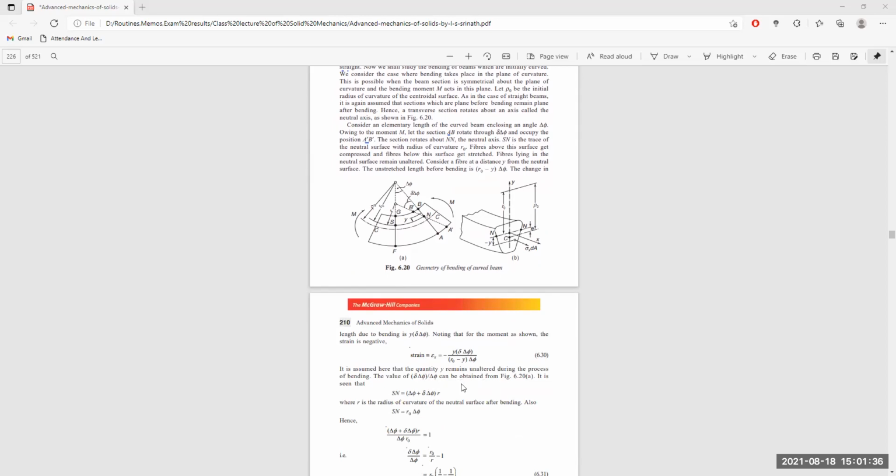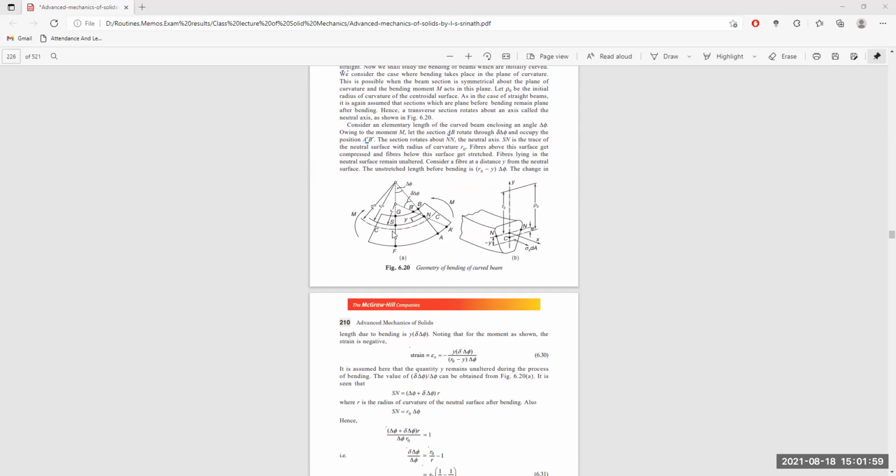So the value of delta phi prime by delta phi can be obtained from figure 220. This is the figure. It shows that Sn, the length of the neutral axis from here to the point of action of the bending, is equal to R. R is the length from this point here to here.